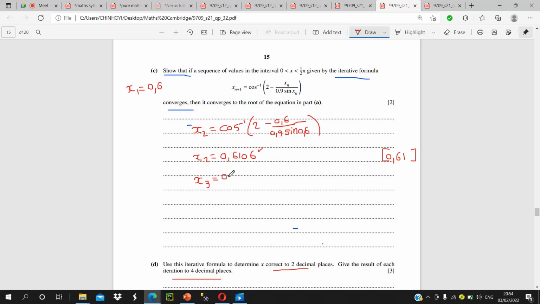You get 0.6151, right? Yes. Then at the end, let's round it to 2 decimal places. You have 0.62.